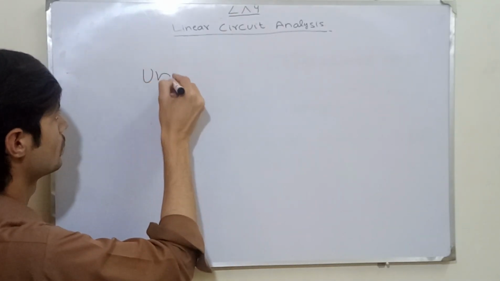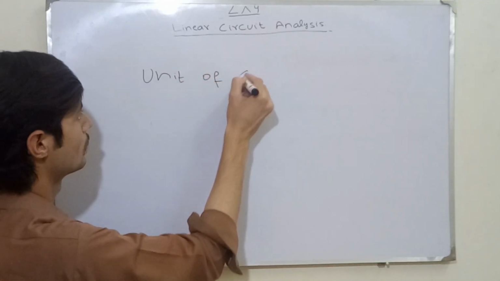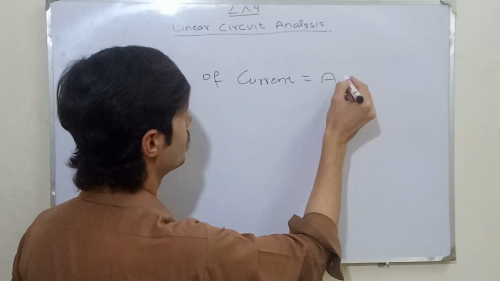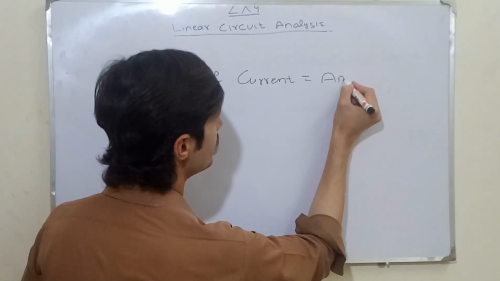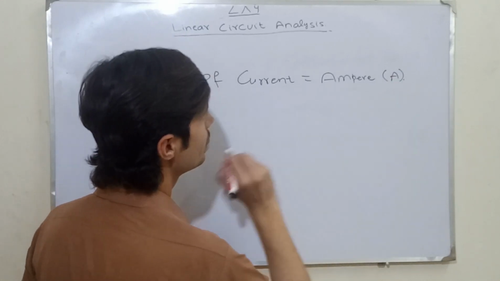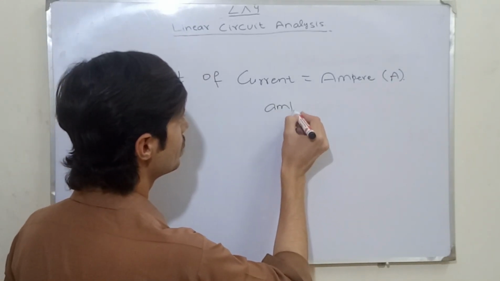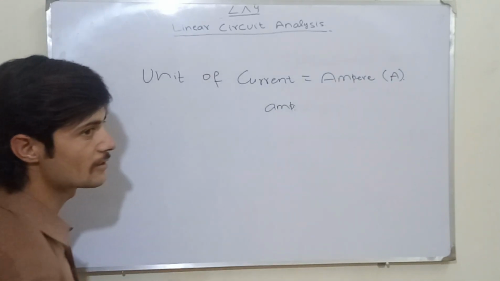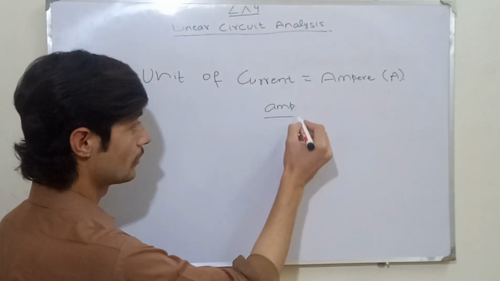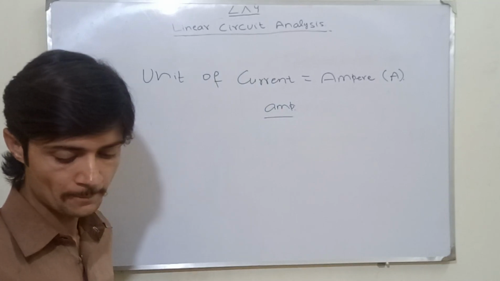Unit of current: ampere, represented by A. It can also be represented by this, but this is unofficial. This is also a symbol of ampere.